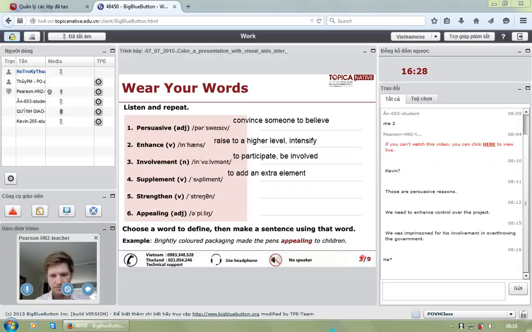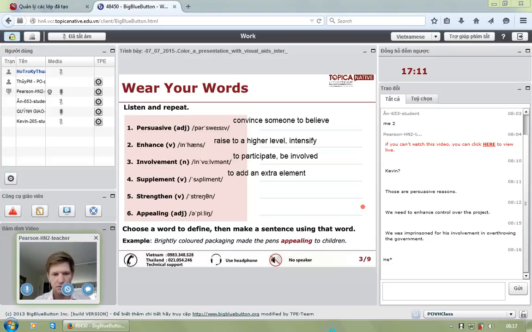Okay, and can you use supplement in a sentence? Yeah, I think that more documents, supplement. You need to have to supplement document to make the presentation attractive. Okay, so is that your sentence? Are you discussing the definition? Yeah, I make a sentence. Okay. Or I will supplement more documents to make my presentation attractive.